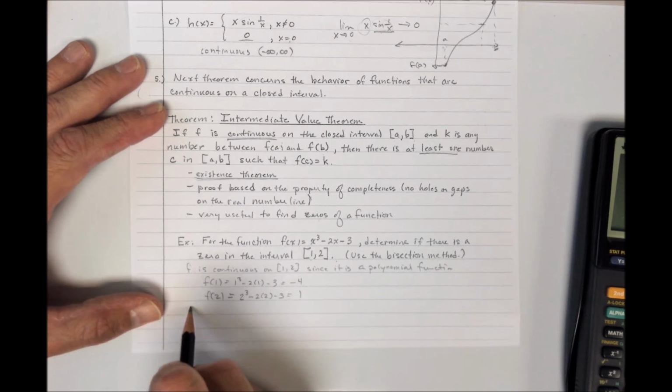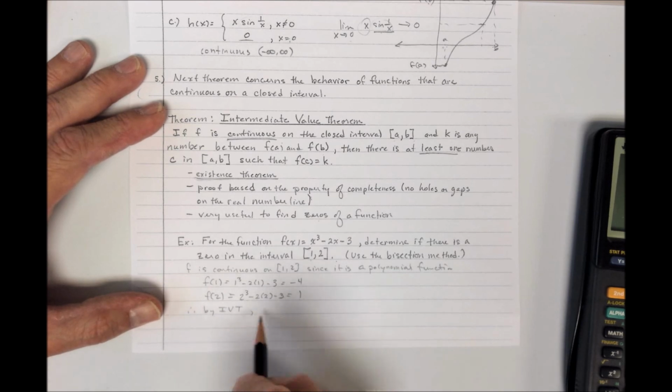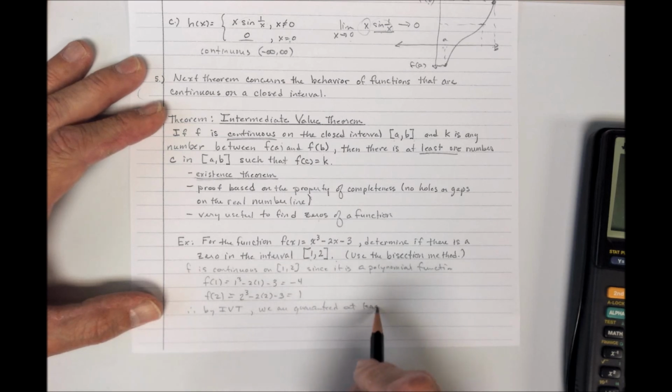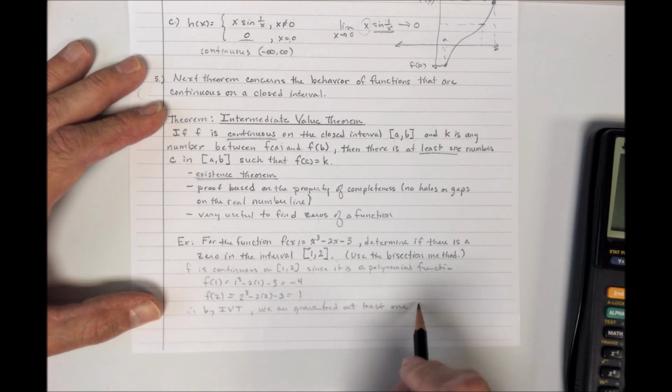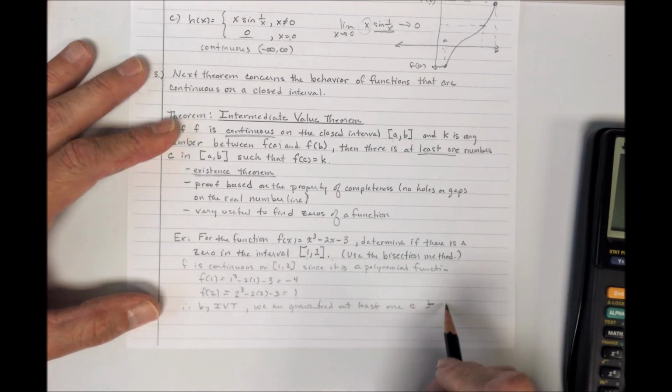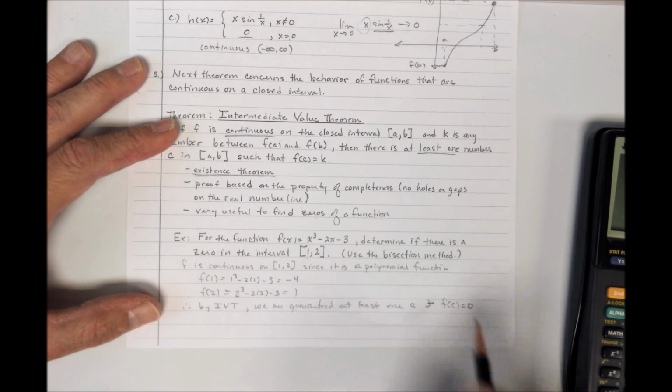Okay, therefore, by the intermediate value theorem, we are guaranteed at least one c such that f of c is equal to 0.